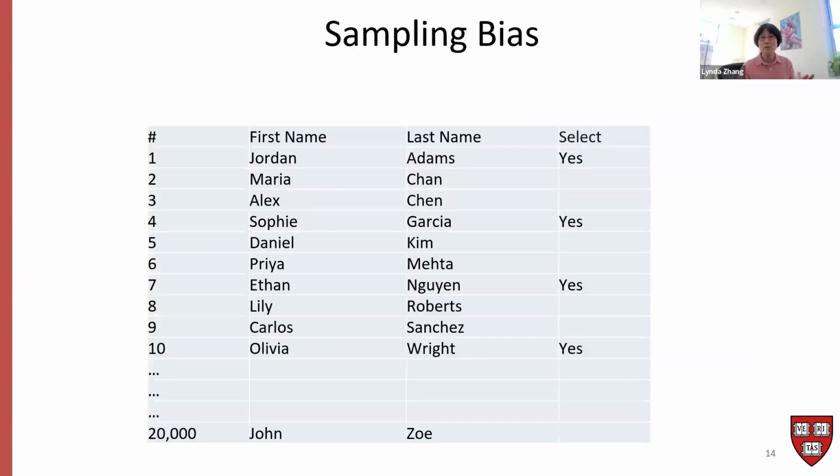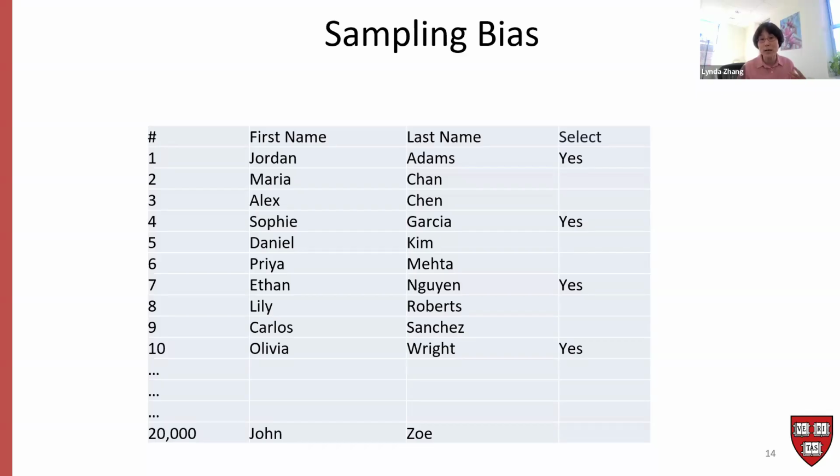So here's an example of a not-ideal sampling process. Say we're going to choose a subset out of the 20,000 staff at Harvard. If you use the name list and choose every third person, this may cause a problem if some last names are clustered together.